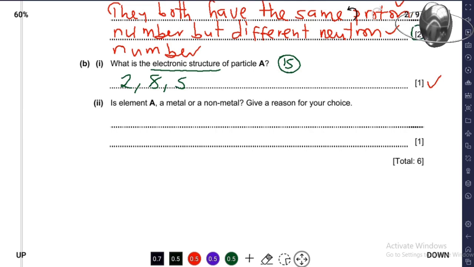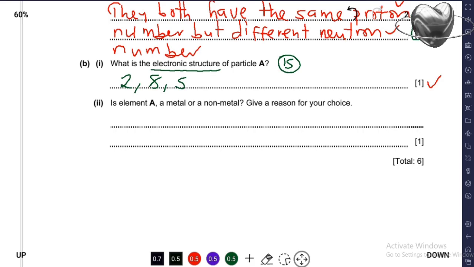Except for hydrogen, boron, and helium. Those elements have less number of electrons in the outermost shell, but they are still non-metals. So there are exceptions which you need to understand.